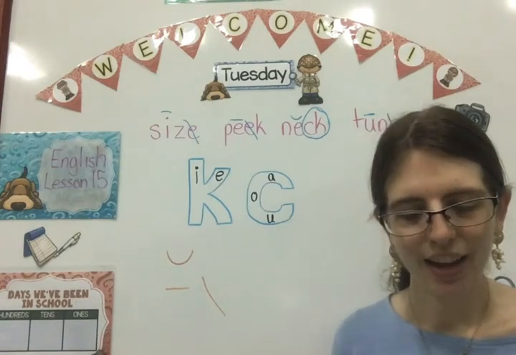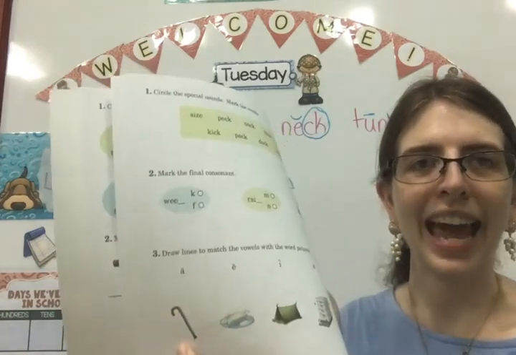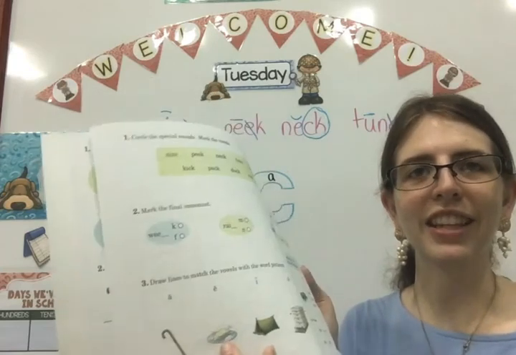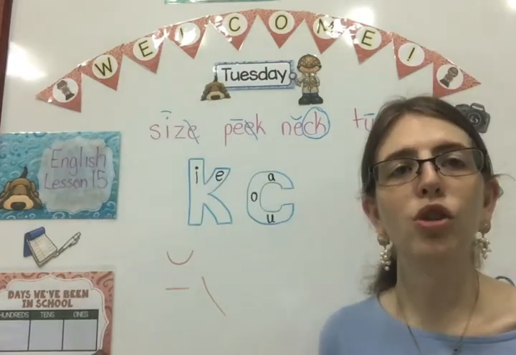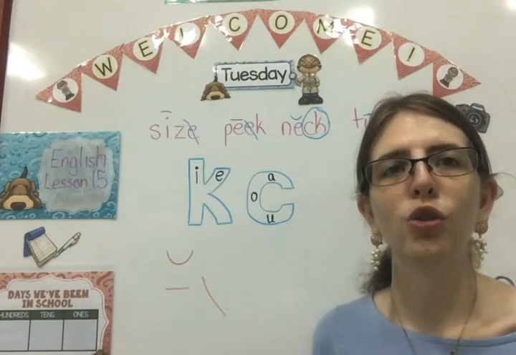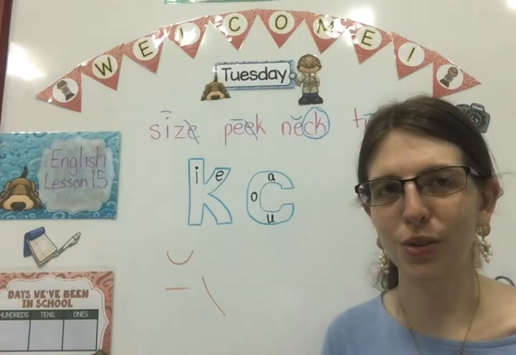A, right? So you want to draw a line from A to the cane. Okay, let's look at the next picture. This picture is of soap. Draw a line from the correct vowel to the soap.